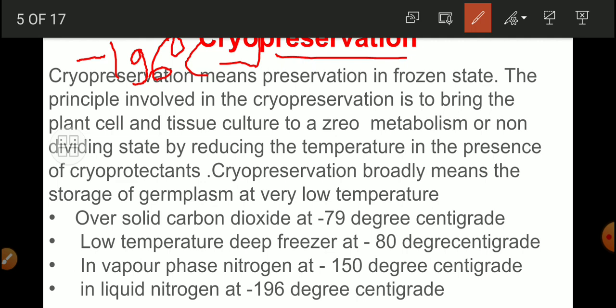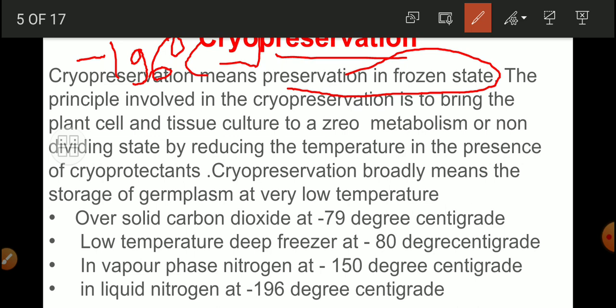We have heard about the cryogenic engine in satellite launching. They always apply the cryogenic engine, which helps to maintain the temperature of a satellite when it gets launched. So you have to keep in mind, cryopreservation means preservation in a frozen state.